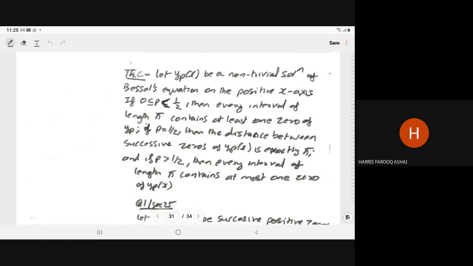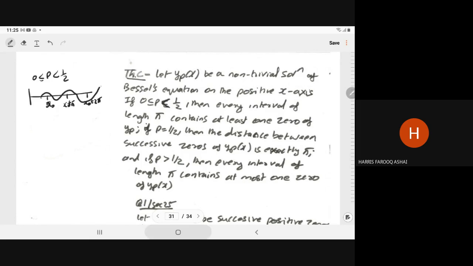What is this statement? If p is greater than or equal to 0 but less than half, then at every interval, let's say x naught, x naught plus pi, x naught plus 2 pi, means at every interval of length pi there is at least one zero.